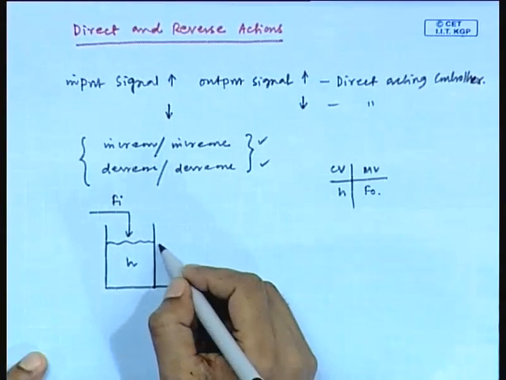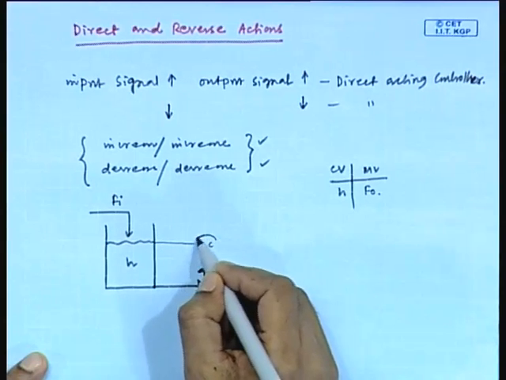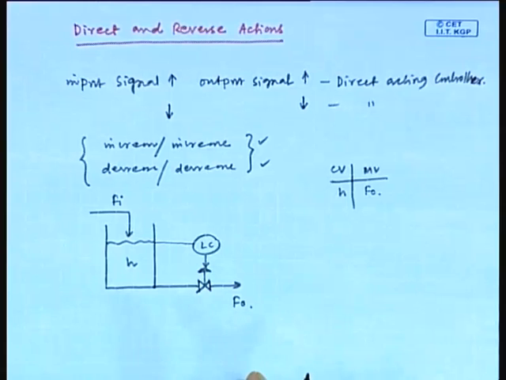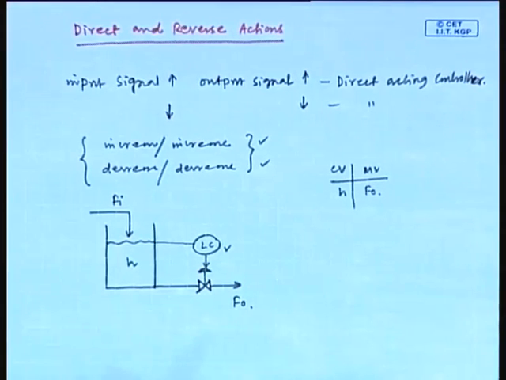So, to maintain the height we need to employ one level controller. I am not showing the sensor, comparator, etc. here. Directly we put here the block for level controller.